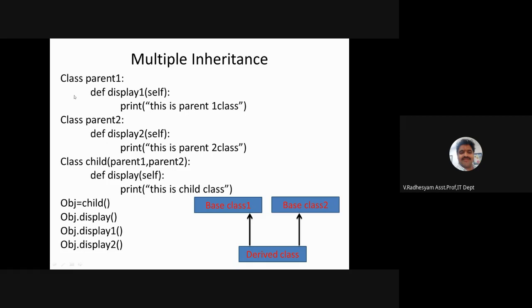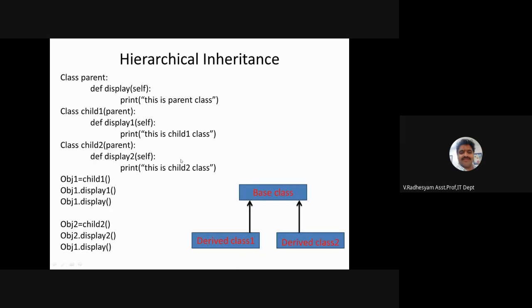How can we do it? We can create a class called parent 1, a class called parent 2, and we can create a child which inherits from parent 1 and parent 2 at a time. So class child, parent 1 comma parent 2.